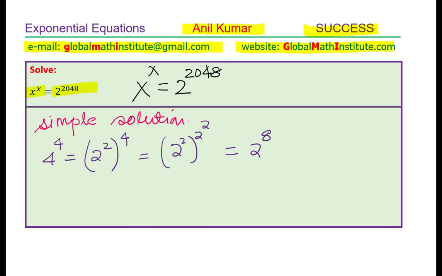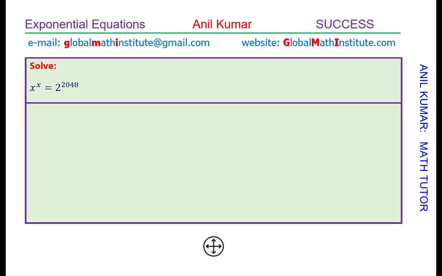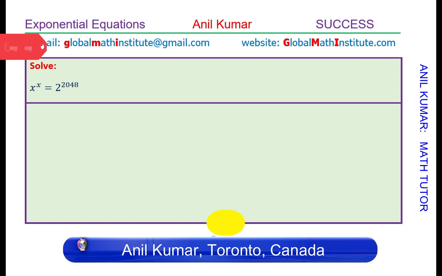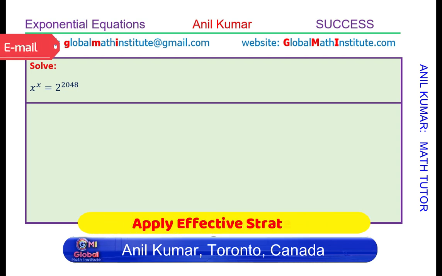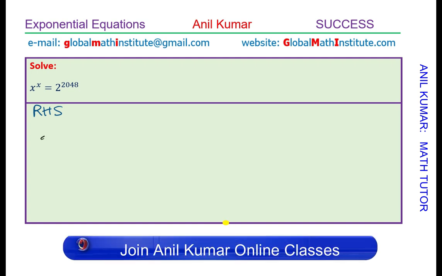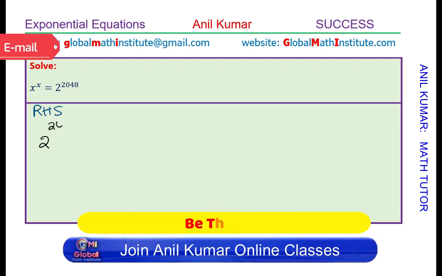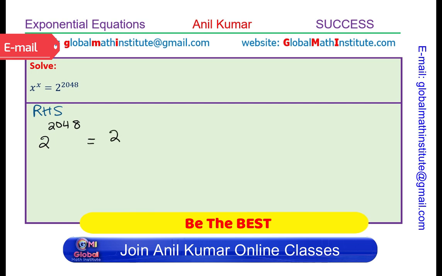Now, look here on a fresh page, let's try to do the question. Basically, you have understood the strategy. So let's begin from the right hand side, which is 2 to the power of 2048. As we did, we'll write 2048 as 2 times what?